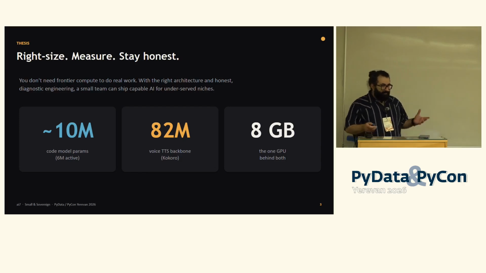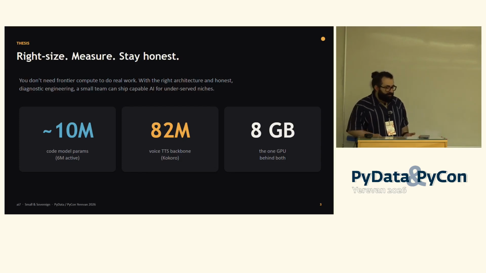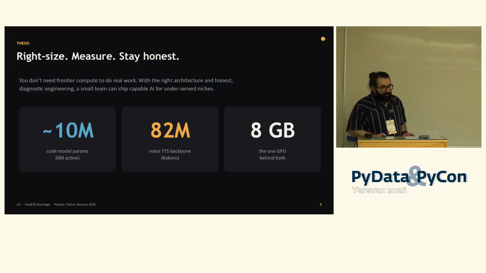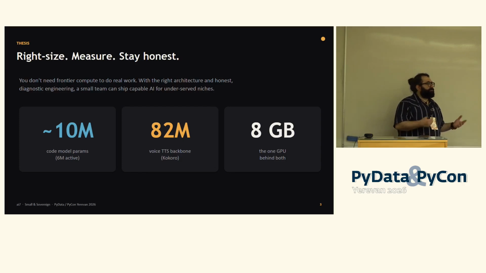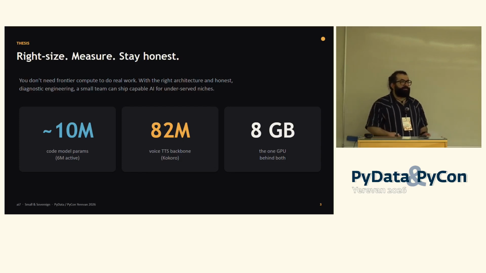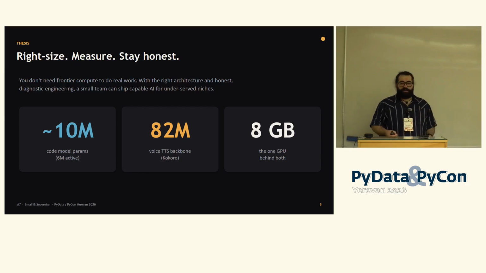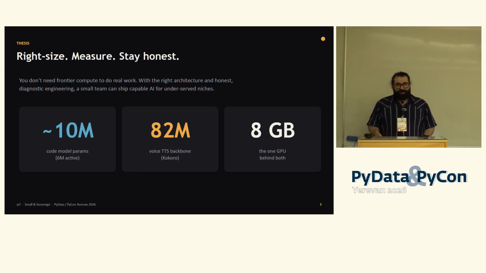So we know that most of us engineers or developers, we don't need the frontier compute power to get the work done that we want. Maybe many of the generic users, they don't care about the architecture and what they are doing. But since we know what we are doing, the right size and the right measures always accomplishes the requirement.